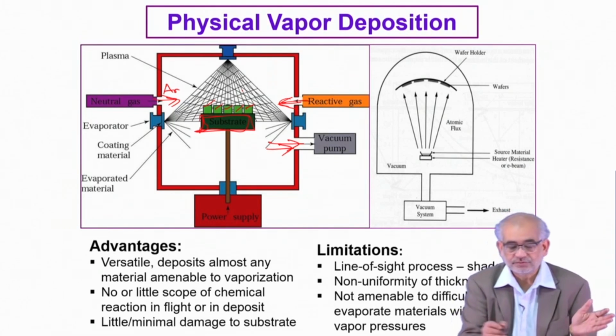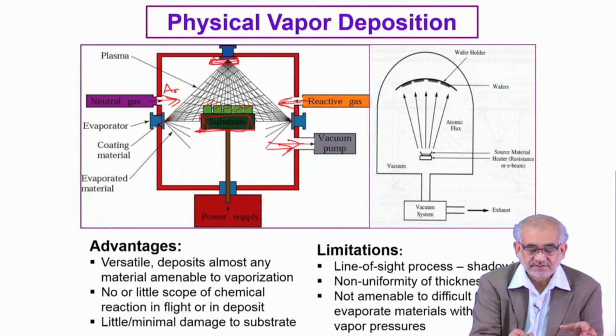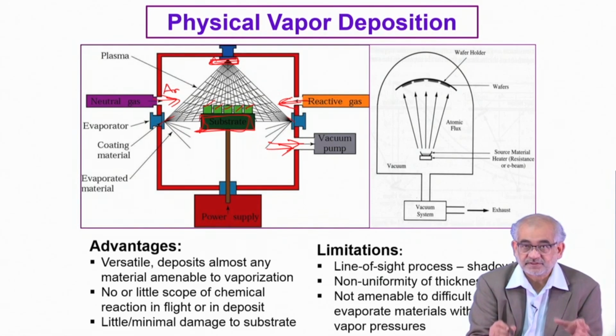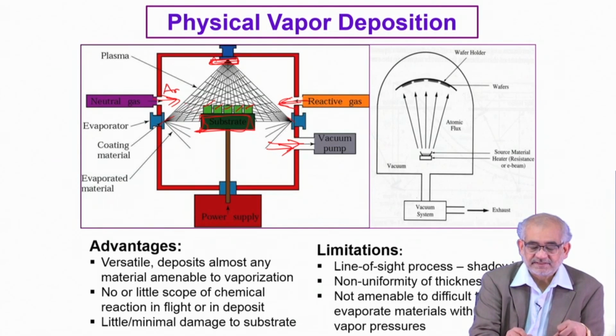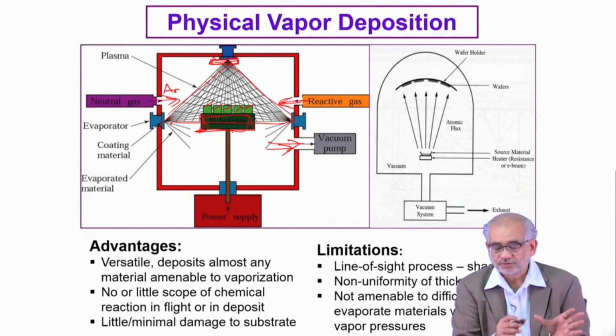So let's say this is the component or the solid that you want to coat, and as you evaporate, this whole region gets completely filled with the vapor of the material, and this vapor atmosphere now covers the entire range of components that you want to coat.